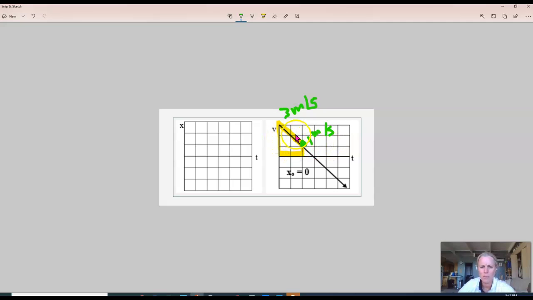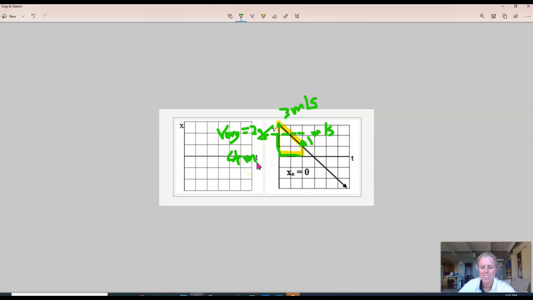So what's the average velocity between 3 and 1? V average equals 2 meters per second. So I take the average velocity multiplied by my time, and I get 4 meters.